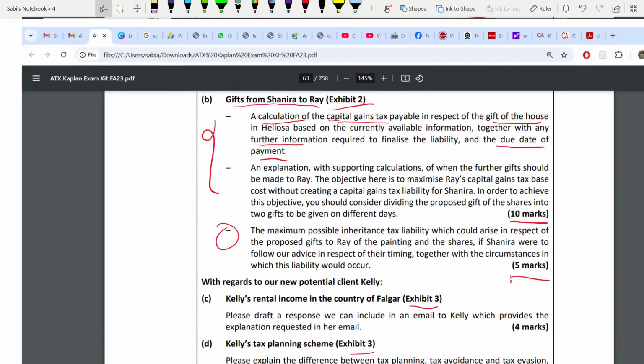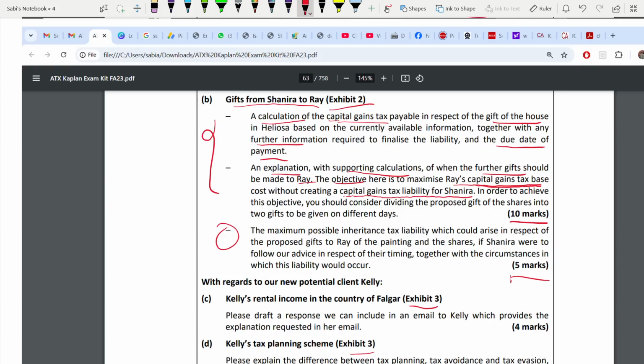Next, you have to explain with some calculations on when the further gift should be made to Ray. Okay, see, the examiner has given you a hint. They've helped you here by saying the objective is to maximize the capital gain tax base and minimize the capital gain tax liability of Shanira.